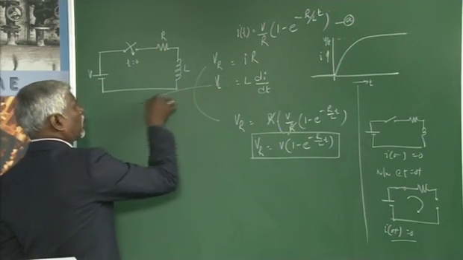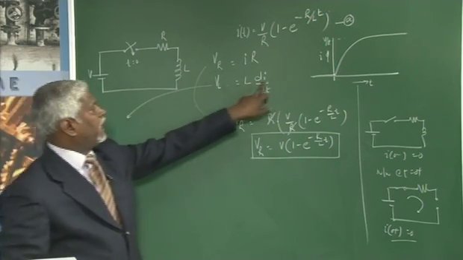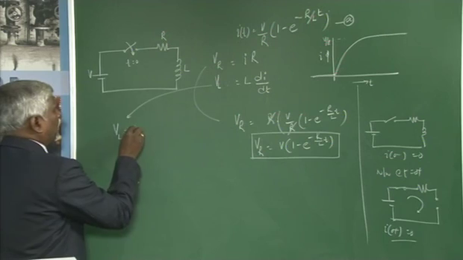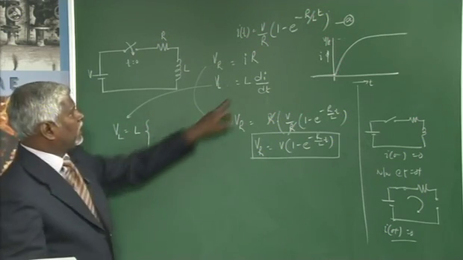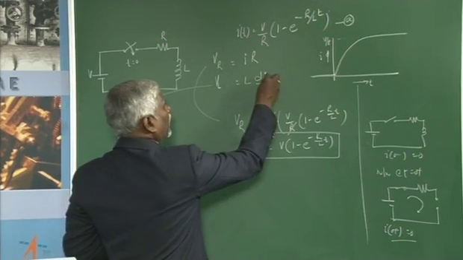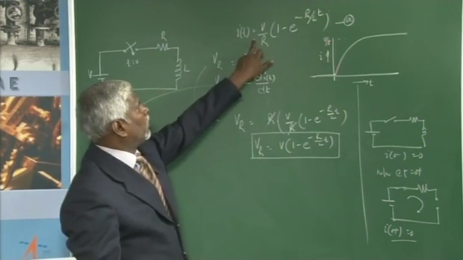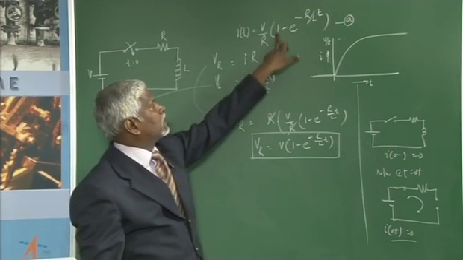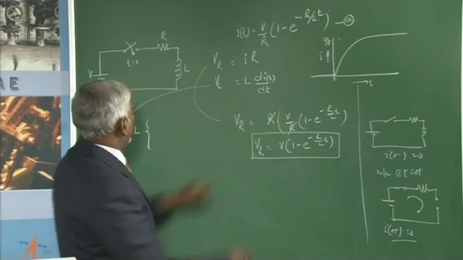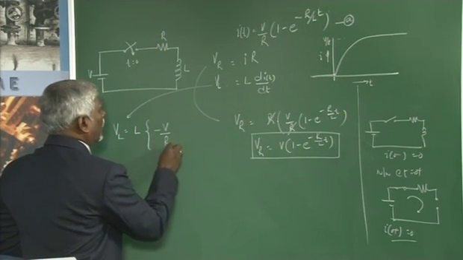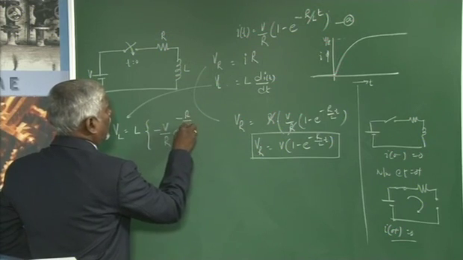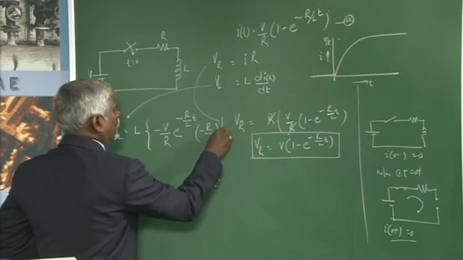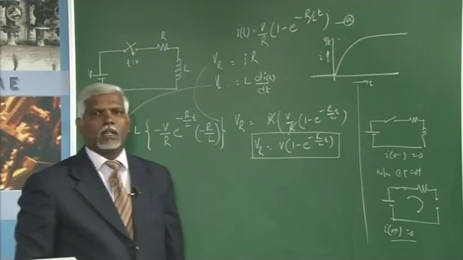Similarly, the voltage across the inductor is L into di by dt. I have an expression for I. So, voltage across the inductor is equal to L into the derivative of I of t. So, V by R into 1, derivative of that is 0. So, this derivative becomes 0 minus V by R e to the power of minus R by L into T into minus R by L. This is the derivative of the current.